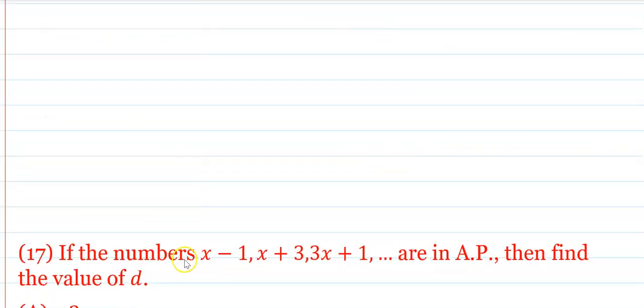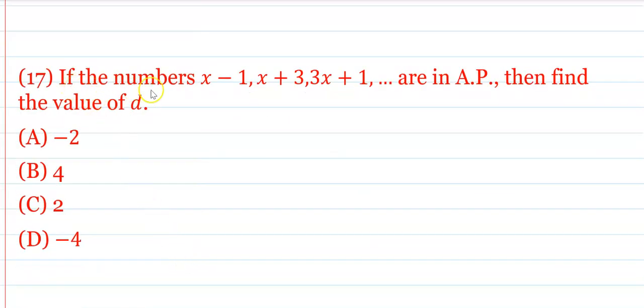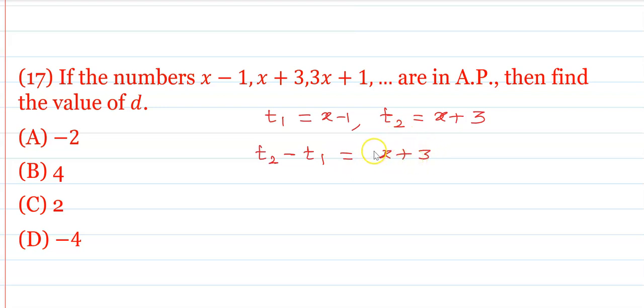Next, if the numbers x minus 1, x plus 3, 3x plus 1 are in AP, then find the value of D. First we have to find out D. This is T1, the first term is x minus 1. T2 is equal to x plus 3. T2 minus T1 means x plus 3 in first bracket minus T1, which is x minus 1.